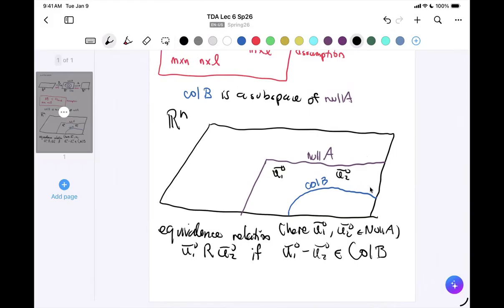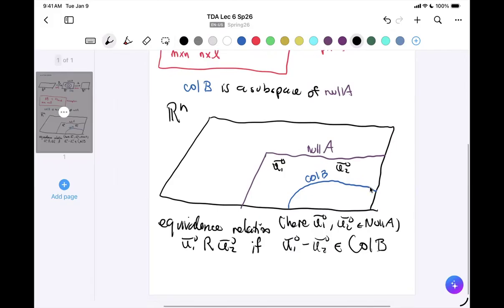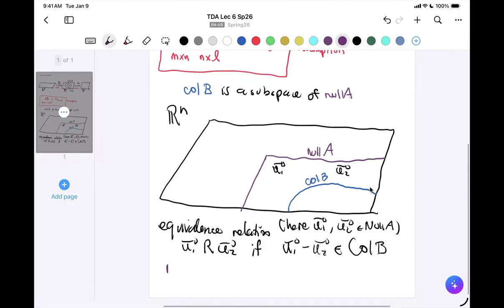That produces what we were calling the quotient vector space. The equivalence classes are the null space of A divided by the column space, which is just a fancy way of referring to the equivalence classes that you get.